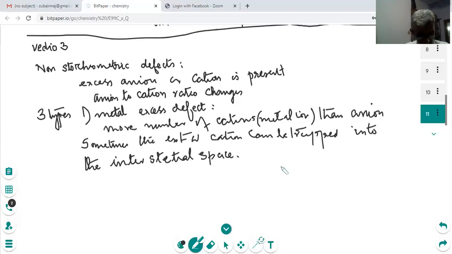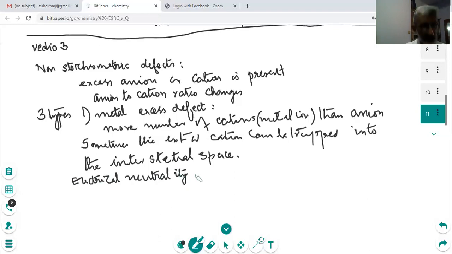Now, the electrical neutrality is maintained in the crystal. Remember, electrical neutrality does not mean conducting power; we are talking about the total plus and total minus.